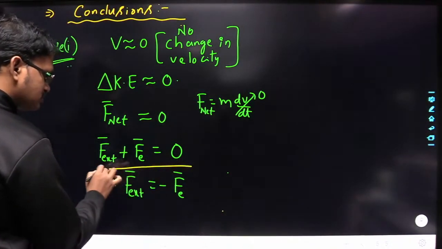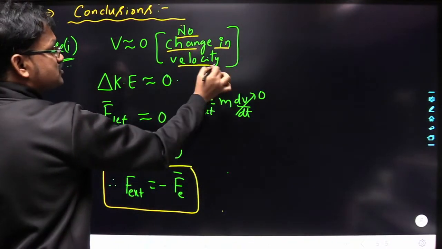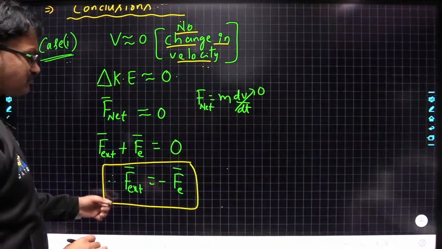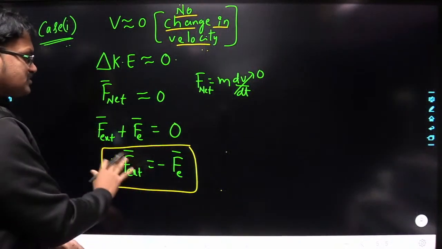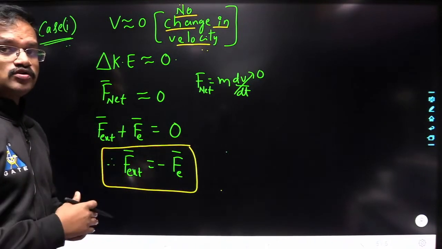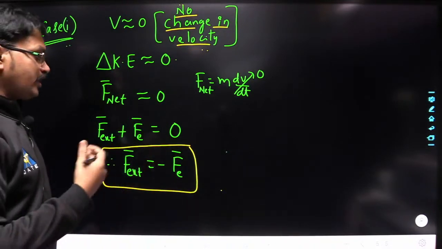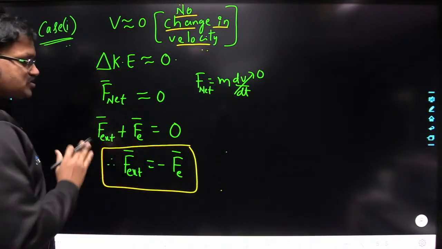Okay, see, why have we made all these assumptions here? Why have we considered there is no change in velocity and all these things? See, in this case, we don't know what is the external force that we are applying in order to move the charge. So how can you determine this external force here?